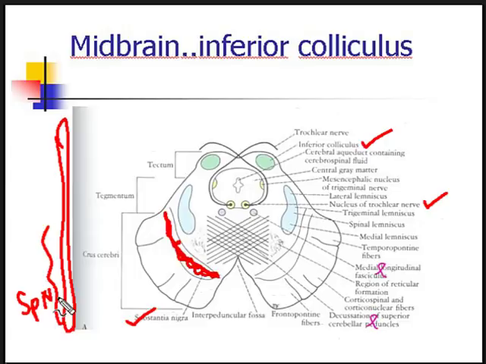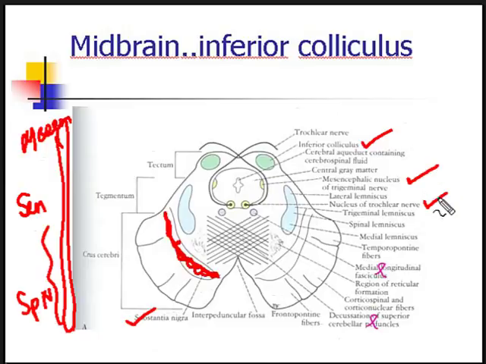In the upper part of the pons, it was called the sensory nucleus of the fifth. And then in the midbrain, this nucleus is known as the mesencephalic nucleus. So here we see the mesencephalic nucleus of the fifth, this little nucleus present here. So these are the main nuclei that I want you to remember.